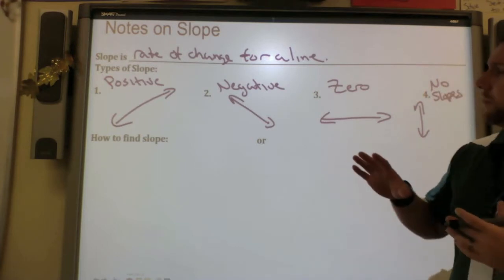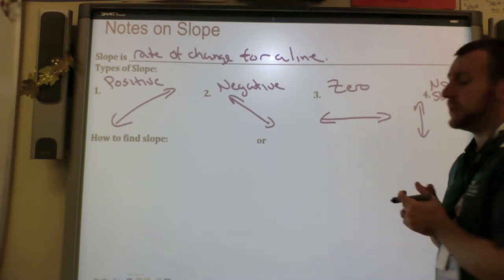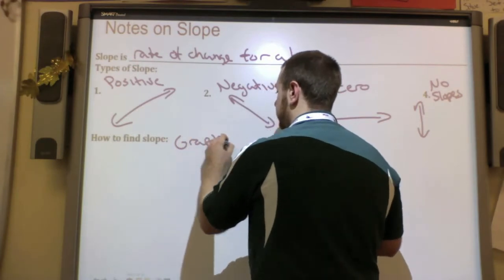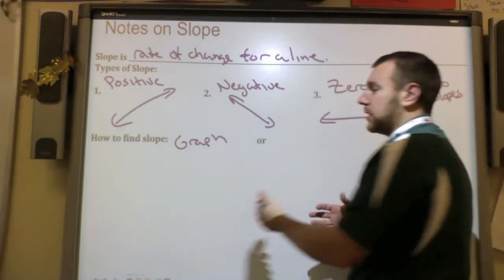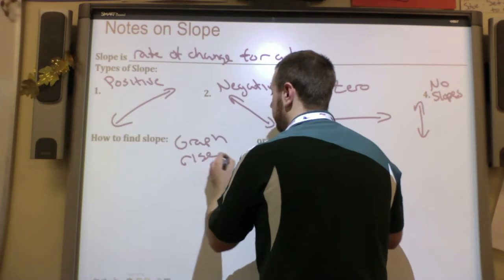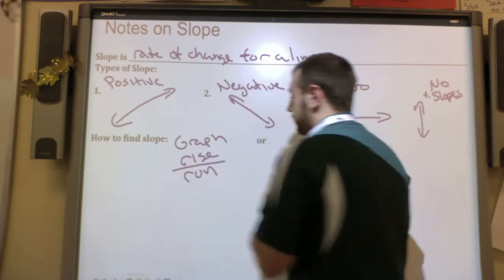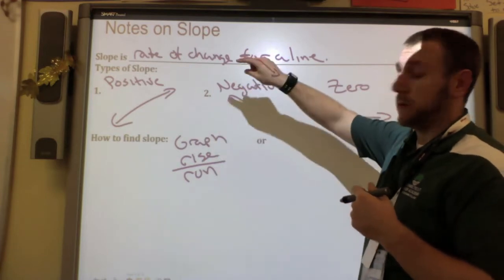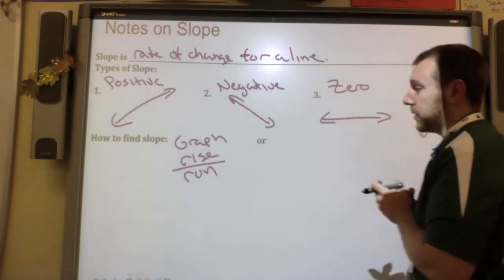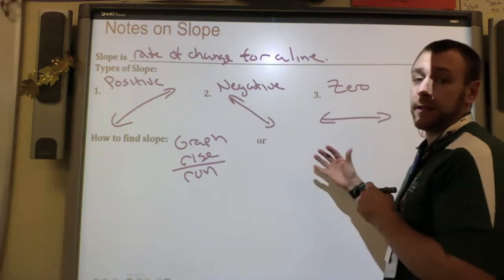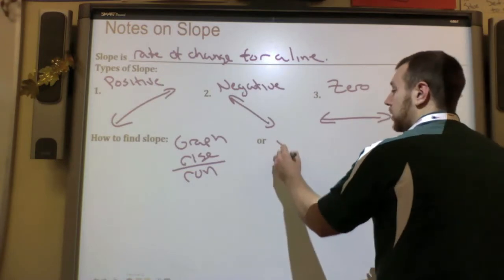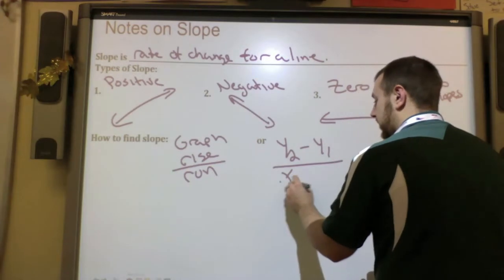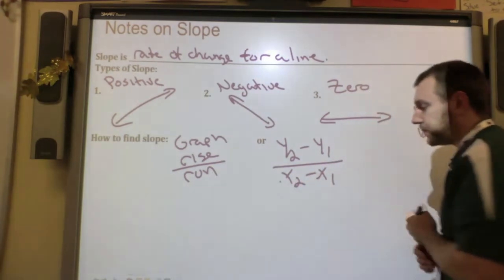So we can find slope 2 different ways. One is from the graph, and you might remember this from rise over run. So we find 2 points, and then we count how much did it go up, how much did it go over. Or we can use a slope formula, y2 minus y1 over x2 minus x1.